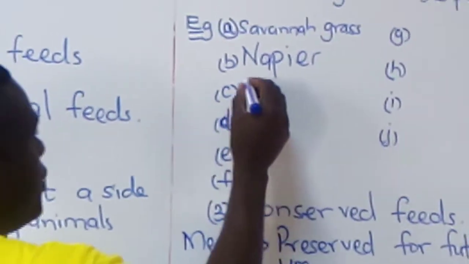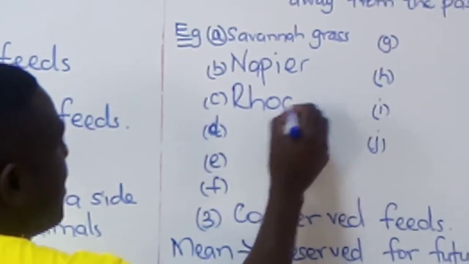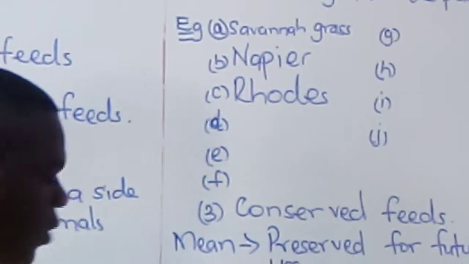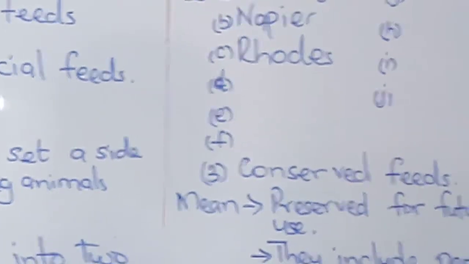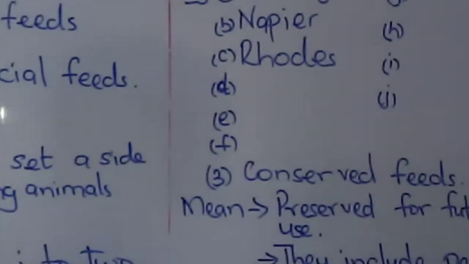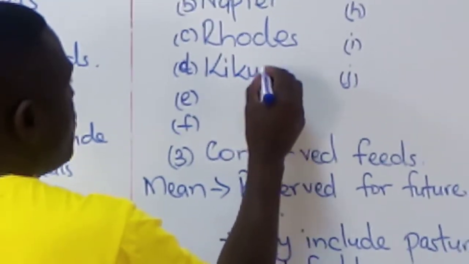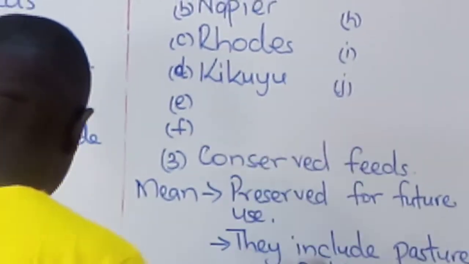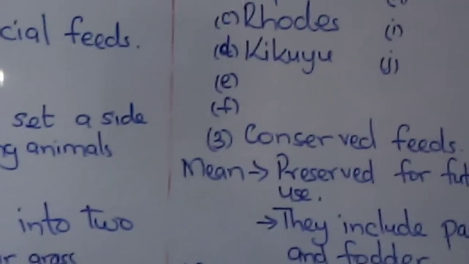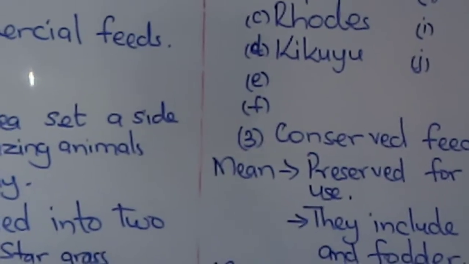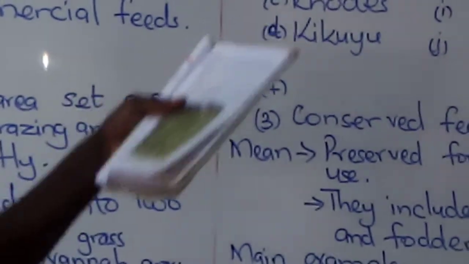We've got Rhodes grass. Some people call it Rhodes. We have Kikuyu grass, which is also a grass in the pasture, but it can be used as a fodder.